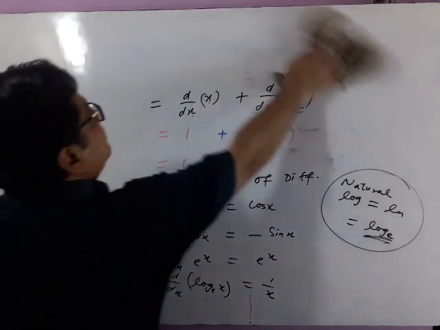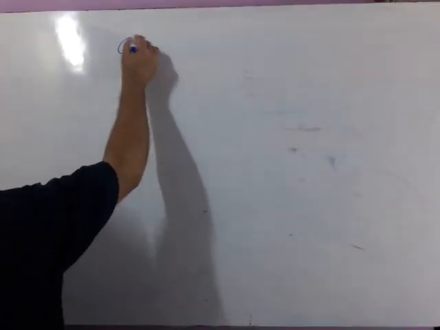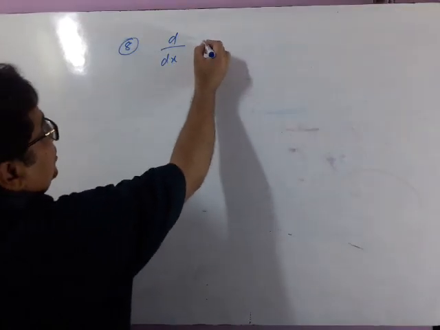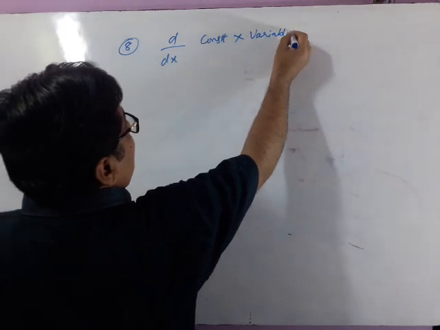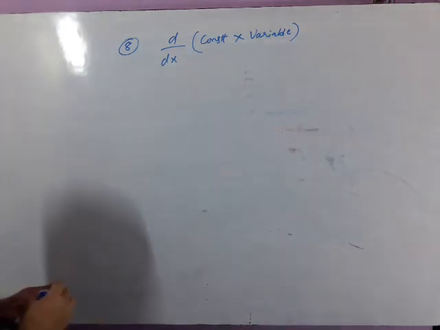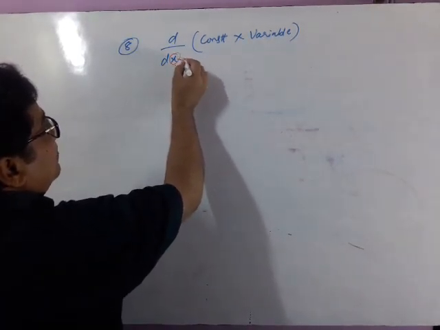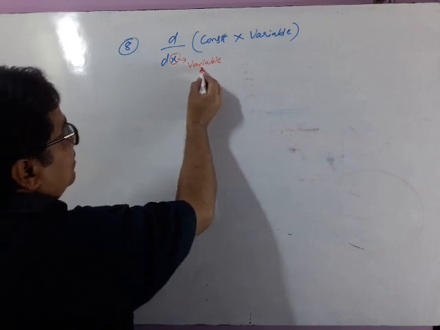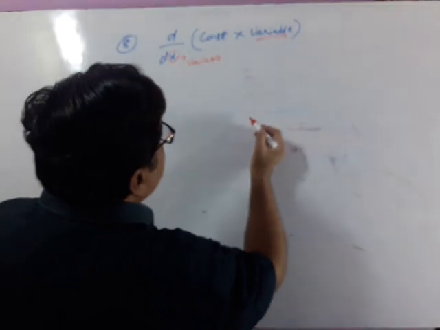Point number 8. In point number 8, we deal with differentiation of a constant multiplied by a variable. How will you deal with this? First of all, know in this question what the variable is. If x is the variable, then whatever depends upon x is also variable.